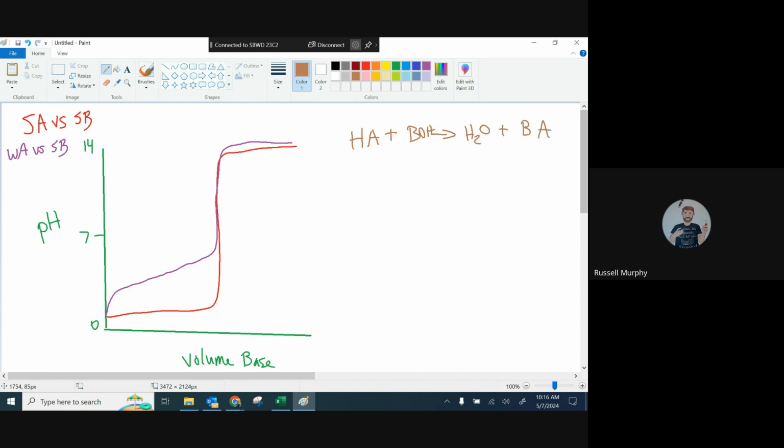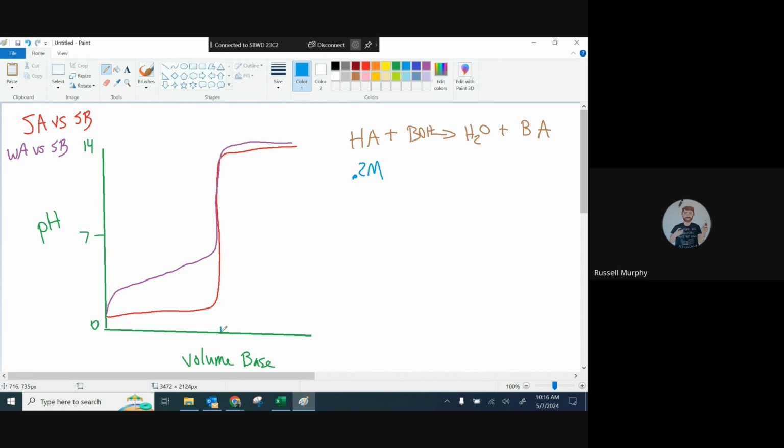And in both scenarios, the acid is the same concentration. It doesn't matter if it's a strong acid or a weak acid, they're both the same concentration.